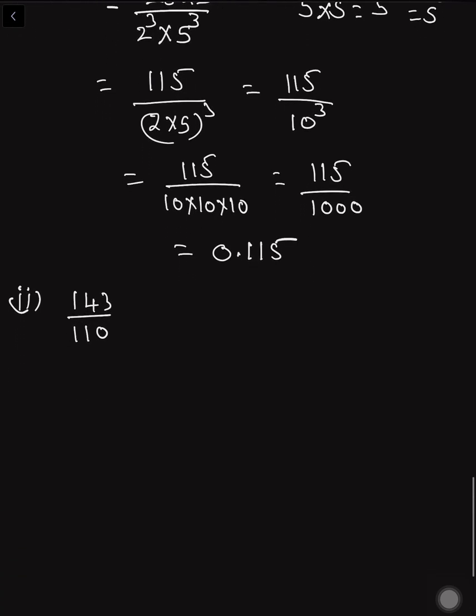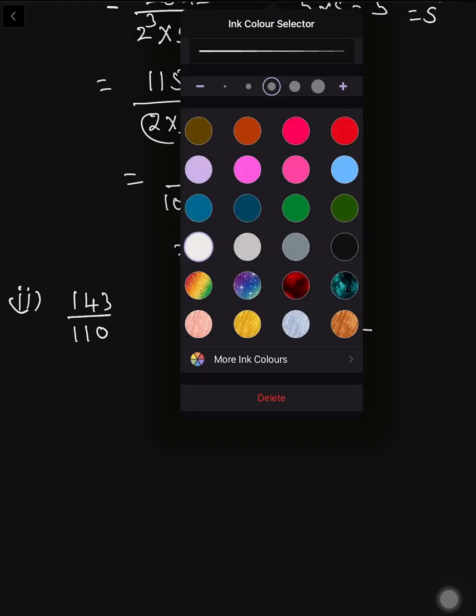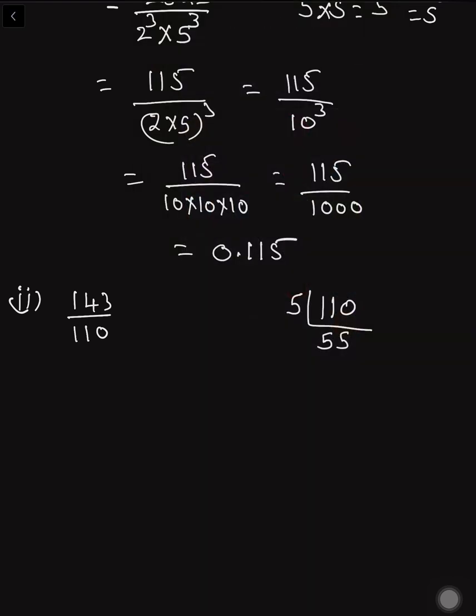First, we will try to factorize the denominator 110. 5 2s are 10.